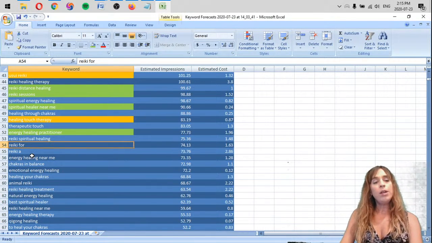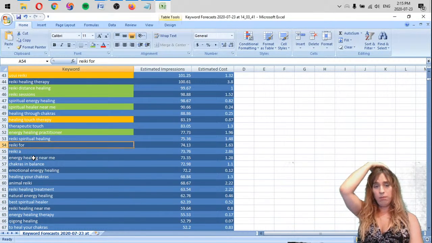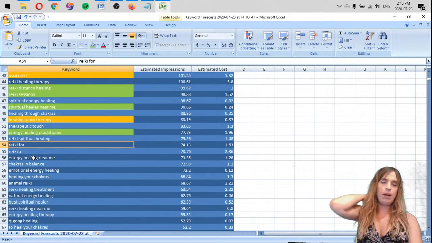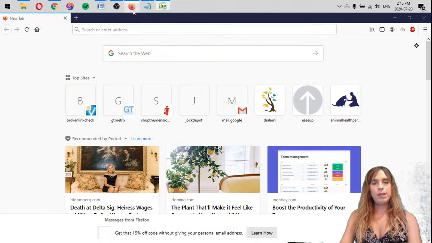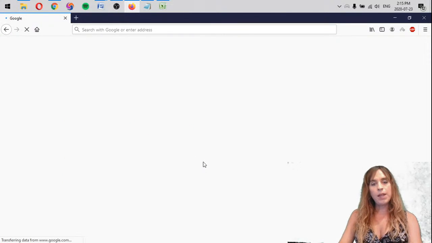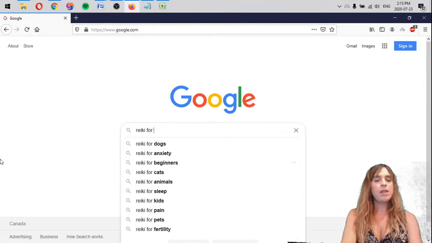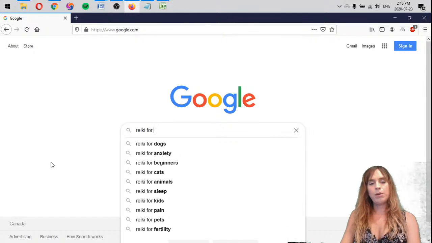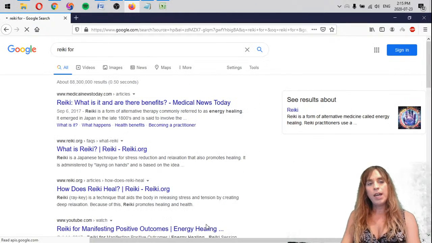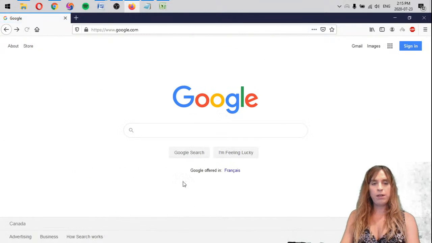That's a weird one. You'll often find that might come about in... Let me take this for a test drive and show you. So let's go to Google, and that probably came out of the autocomplete. So someone probably typed Reiki 4 and then saw, I don't know, Reiki for dogs or something, and they're like, oh, that's what I was looking for, and then accidentally hit enter without clicking the dogs part.